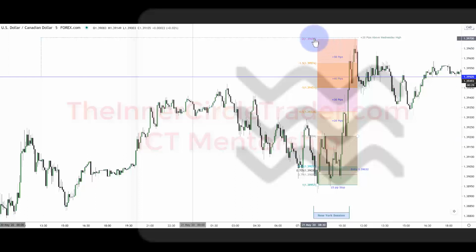Standard deviation 2, 139.698. If it's going to go there, it's probably going to reach for the nearest 10 level, and you can see it does in fact do that at 139.705. So just beautiful market symmetry. Everything in the chart is now refined to a degree that is more mentorship level.